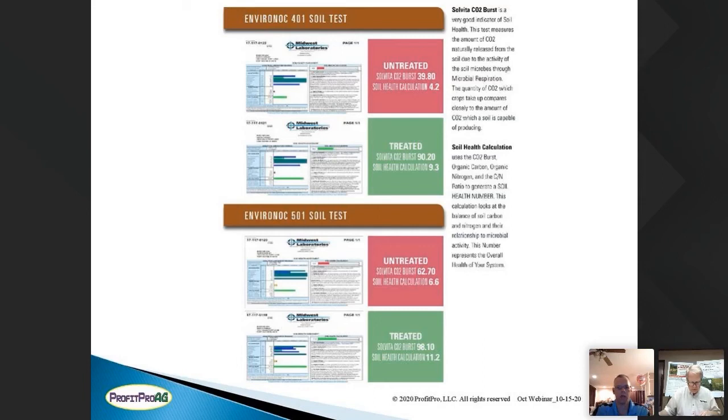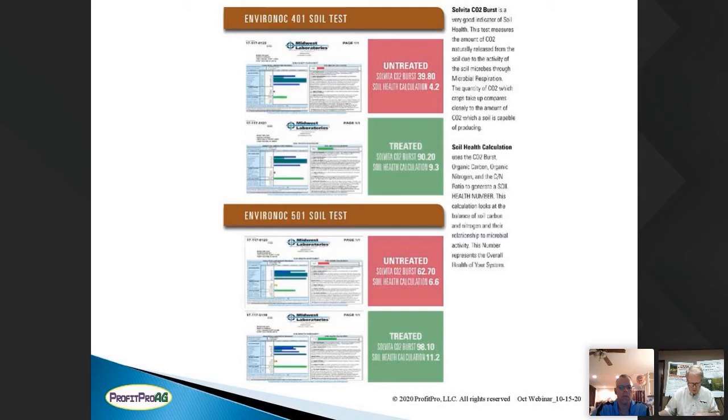The red portion in this talks about the CO2 burst. The CO2 burst is a very good indicator of soil health. The test measures the amount of CO2 naturally released from the soil due to the activity of soil microbes through microbial respiration. In other words, they release CO2 as they respire and burn up the residue in the soil, and that comes up, the plant collects it.